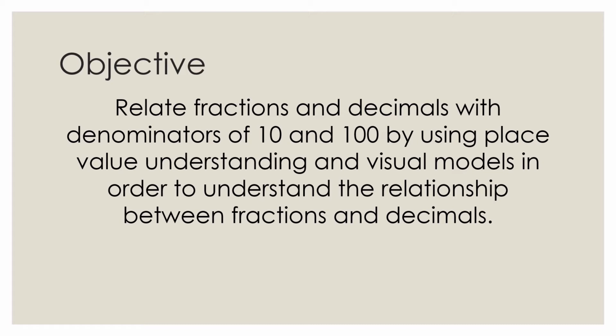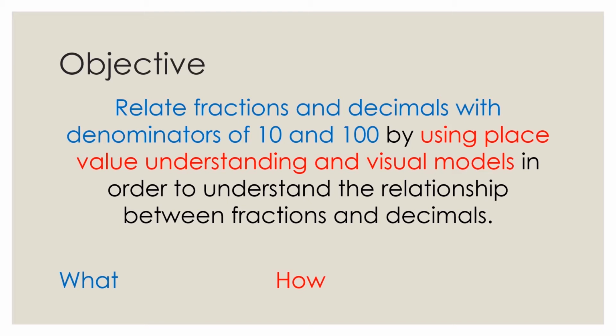Our objective for this lesson is that we will be able to relate fractions and decimals with denominators of 10 and 100 by using place value understanding and visual models in order to understand the relationship between fractions and decimals. So if we're going to break this down, what we're going to be doing today is relating fractions and decimals with denominators of 10 and 100.